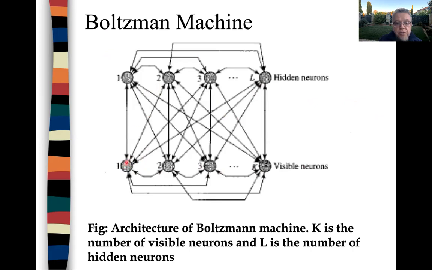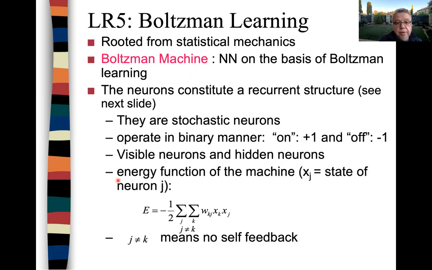You have full connection between all the visible neurons and the hidden neurons, but also connections between all the visible neurons and the other visible neurons, and all the hidden neurons with all the other hidden neurons. This connection is bidirectional, as you can see here, except there is no connection between a neuron and itself. So there is no self connection.